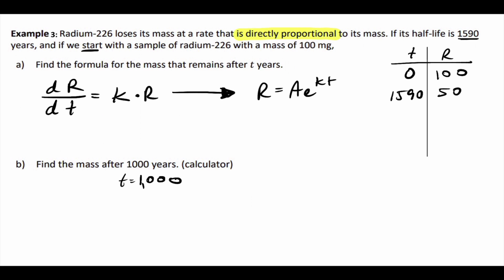Always start with 0. If they give you the 0, start with that. Let's plug in 0. So we have 100 equals A e to the k, and then time is 0.